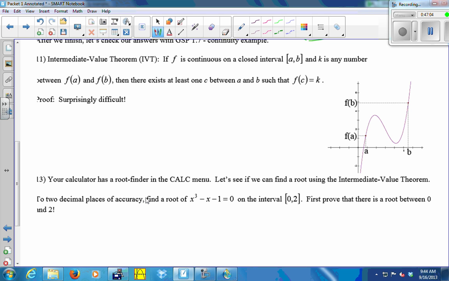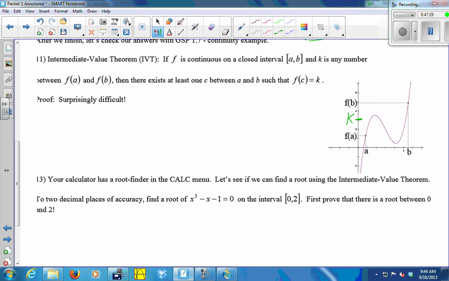It says that if you pick any number k between f of a and f of b, the y values at a and at b, then there should be at least one c, maybe more c's between a and b, so that f of c equals k, right?